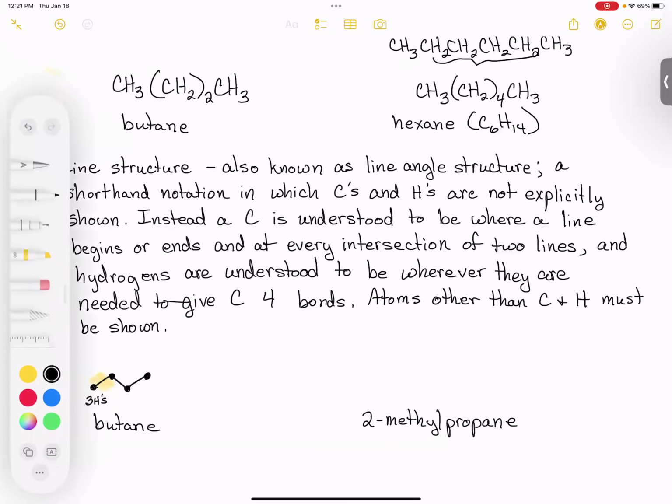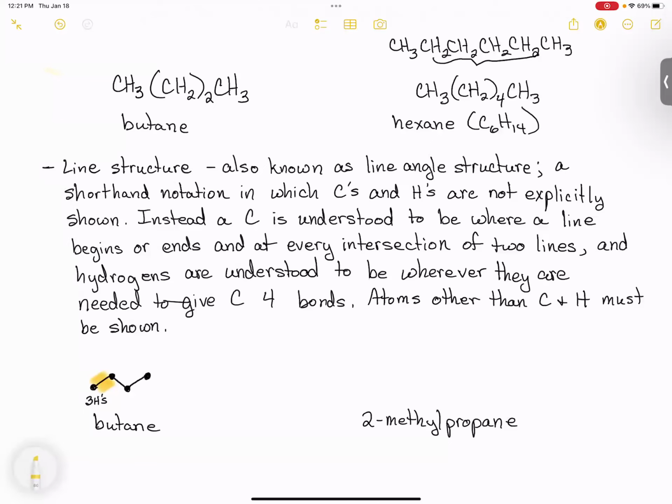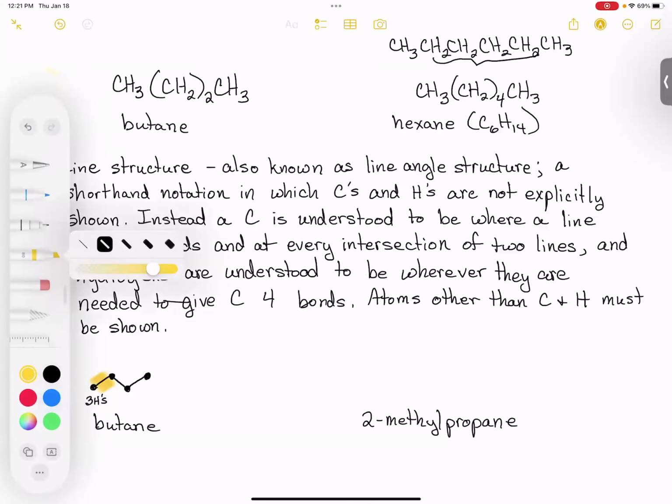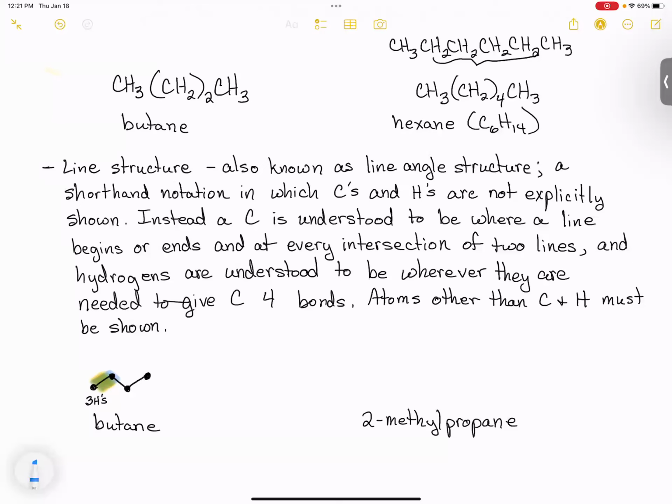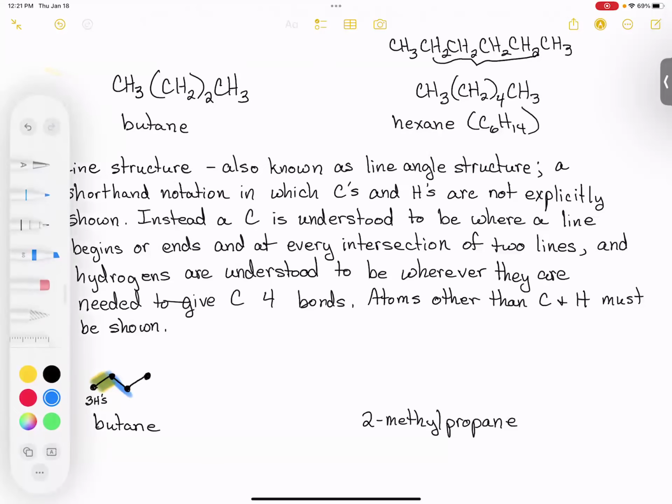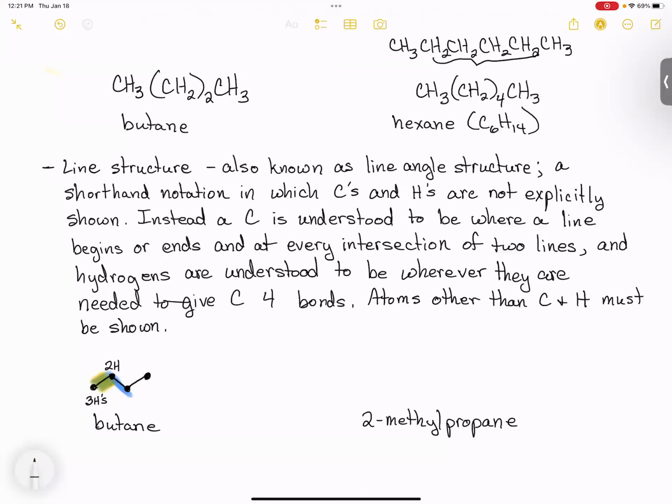The next one in line has 2 bonds showing on it. And so in order to get to 4, we would need 2 additional bonds. So this one must have 2 hydrogens, even though they're not shown. And so that's how you work through it.